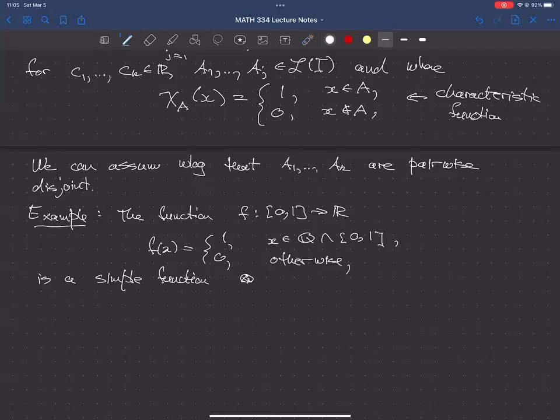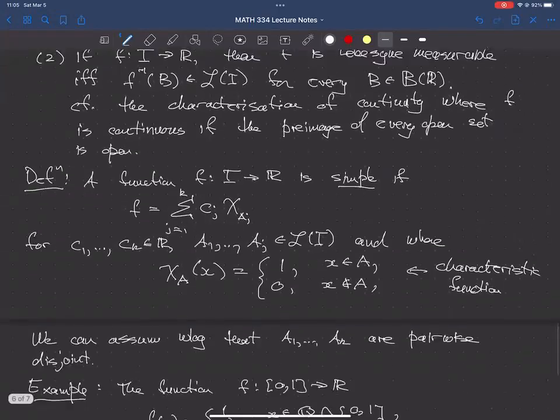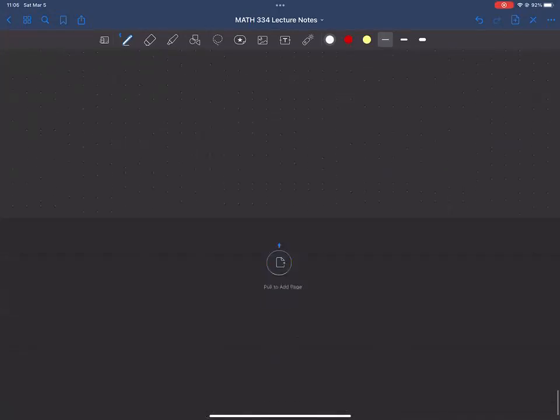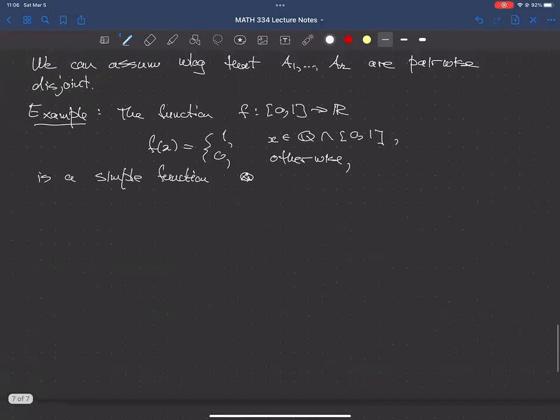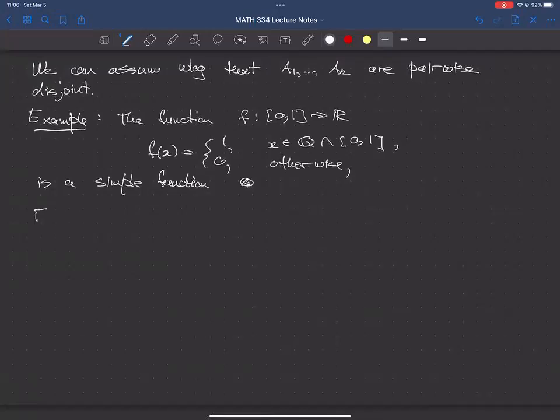Okay, so what is the connection between simple functions and measurable functions? That's an important part of the construction of the Lebesgue integral. So let f be a function defined on some interval. Here I'm going to assume that it's extended real valued, but non-negative.